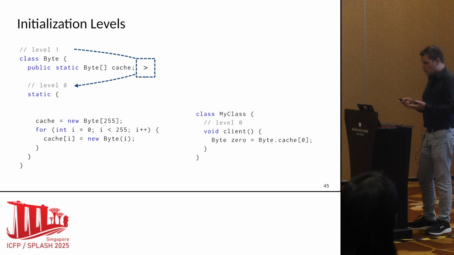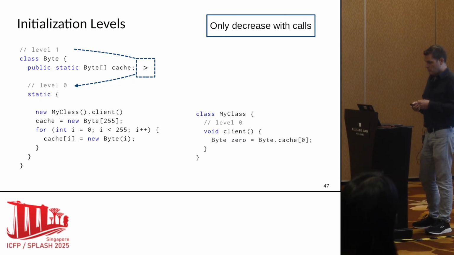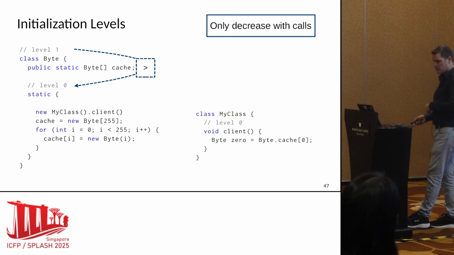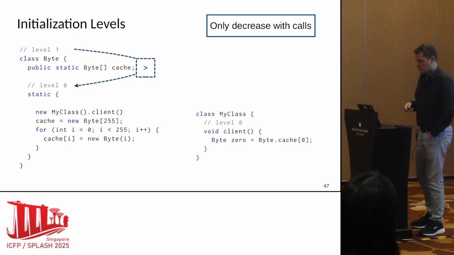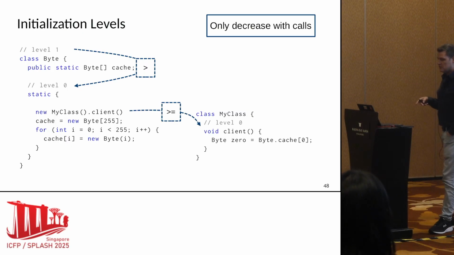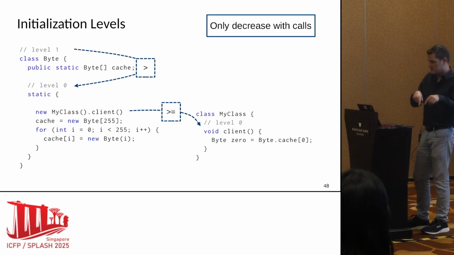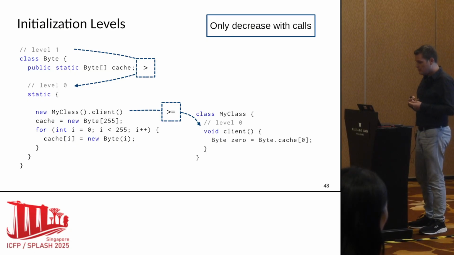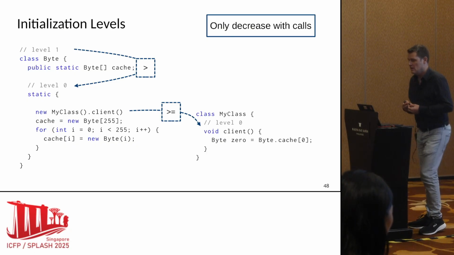Then we have general rules that ensure that if, for example, we have a client, the level can only decrease with calls. It can never increase with calls. So if we have this potentially dangerous call here to the client method from the initializer, then that introduces a constraint that the initializer's level has to be greater or equal to the level of the method that we're calling. So far, the levels that I wrote there satisfy all these constraints.